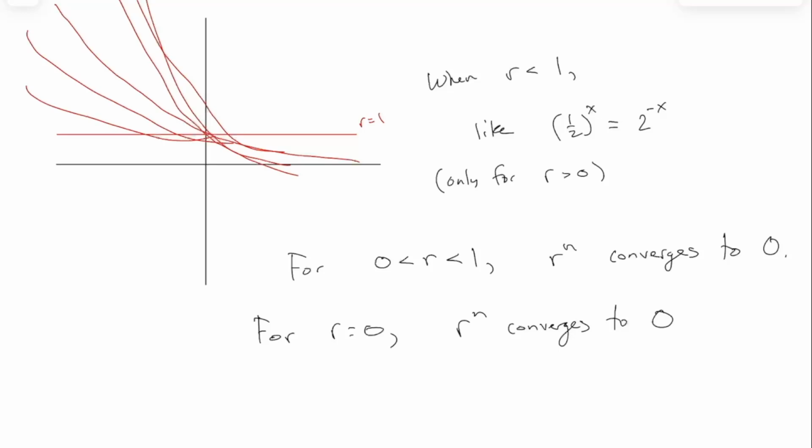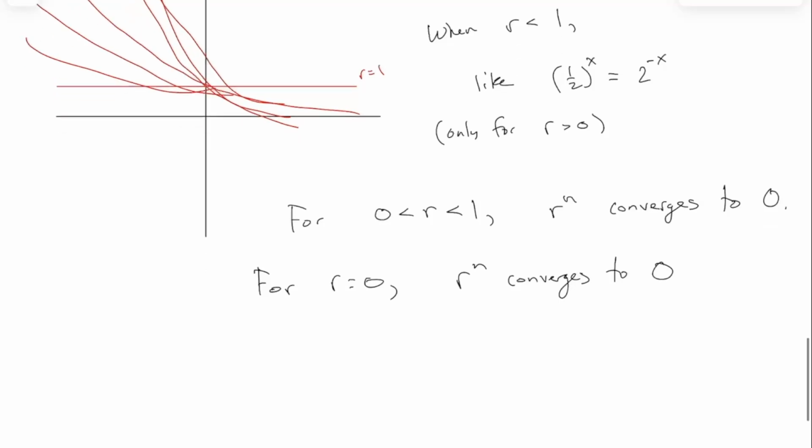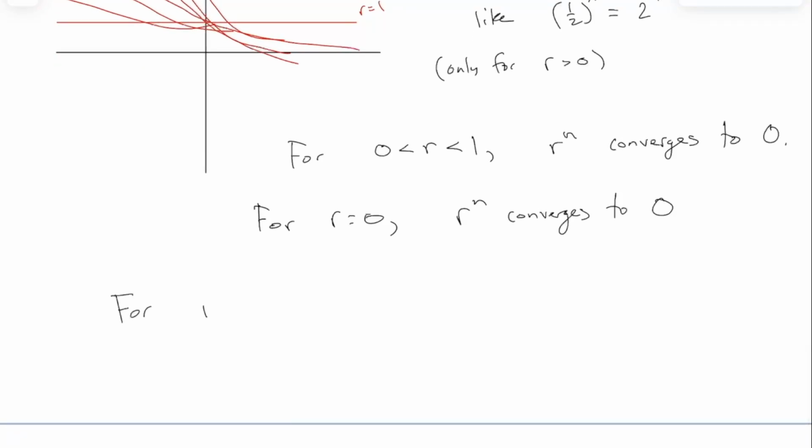And what about for r less than 0? This is the last situation to discuss. For r less than 0, for example, r equals -1. That's my favorite number, less than 0. What does the sequence look like then? r to the n is -1 to the power n. This has alternating signs every time, and so it does not converge. The same will be true for any negative number that you choose for r. r to the n will alternate in sign, starting negative and then positive, and negative and then positive.